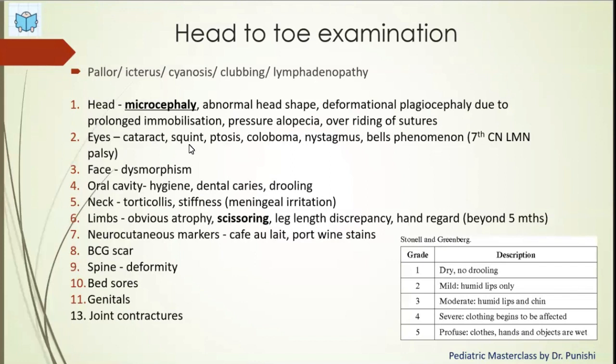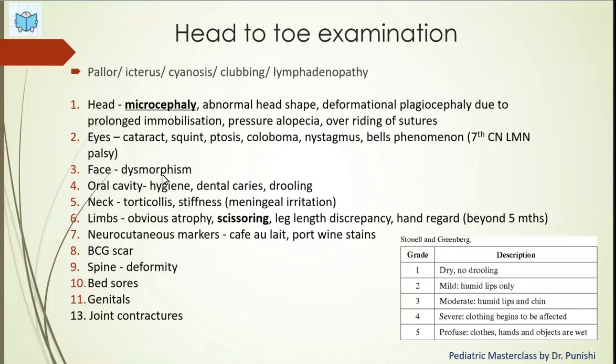But squint does give you a lot of information, especially in these cases. Coloboma is again associated with certain genetic or chromosomal anomalies that can lead to CP. Nystagmus: ataxic CPs, which have involvement of the cerebellum, can have nystagmus. So these are important things in the eyes that you would want to look for.